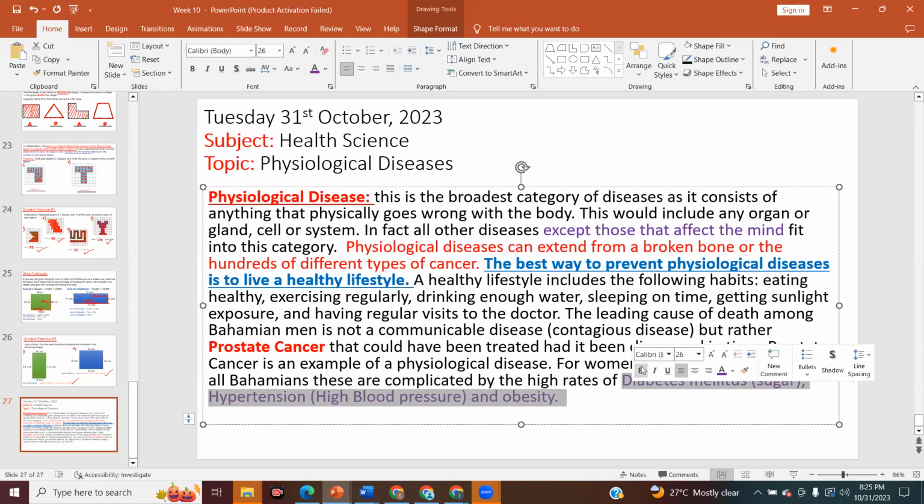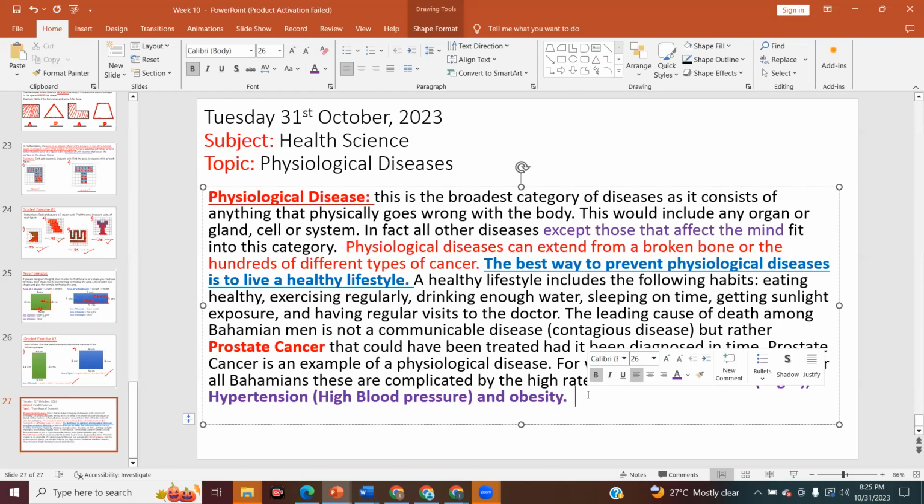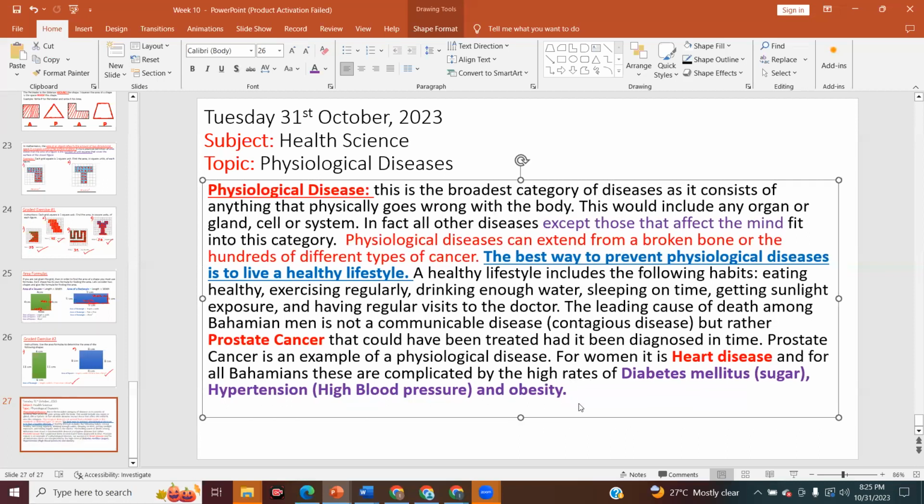Someone can be overweight but not obese. Overweight is when your weight exceeds your normal weight at your height, like when your BMI is not right. So your body mass index is not proper for your height. You have too much weight based on your height. All right, that's overweight.